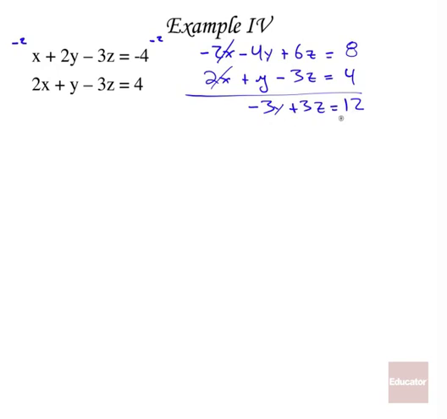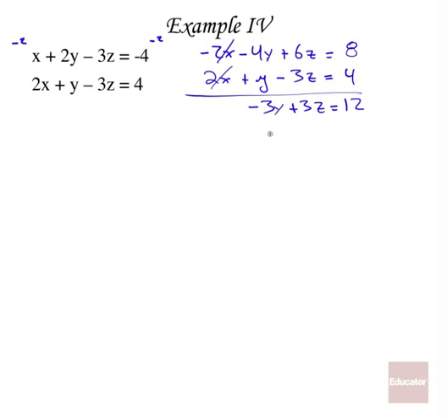We can simplify this a little bit because all the coefficients are divisible by 3. Let me rewrite this. I'm going to divide by minus 3 just to make this a positive.